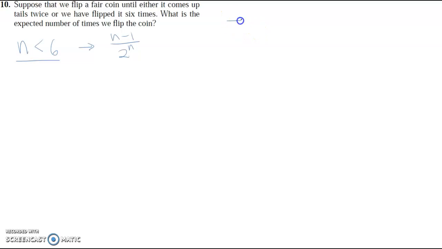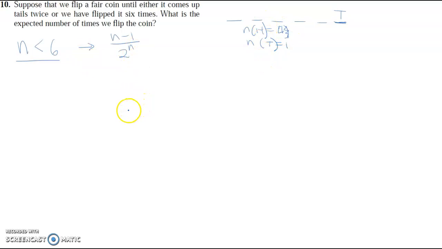So we're flipping it 2, 3, 4, 5, 6 times, and we're saving the last case to be the tail, and for the remaining spots, we will have heads and 1 tail distributed somewhere within them.